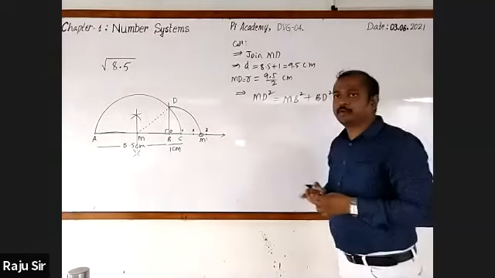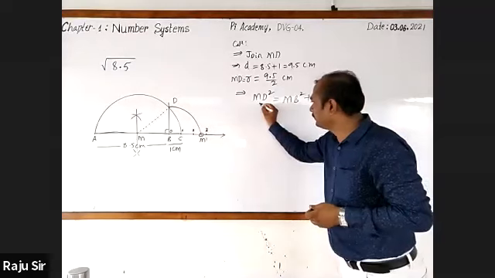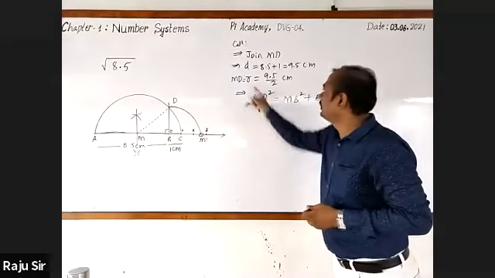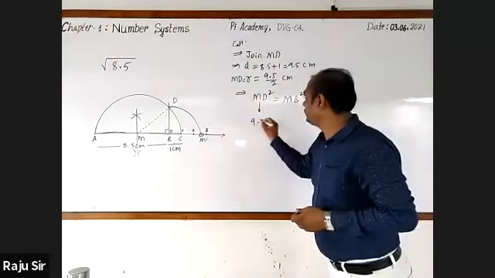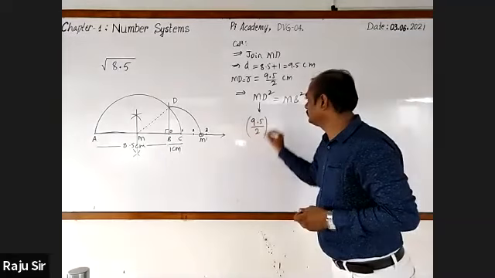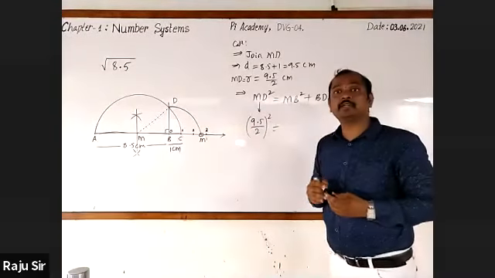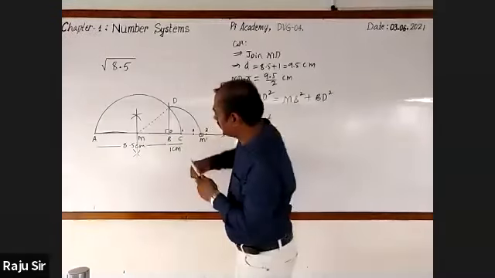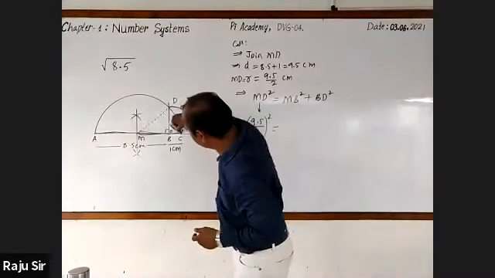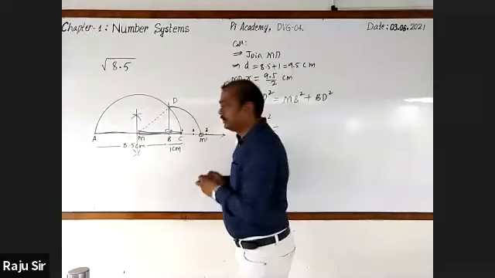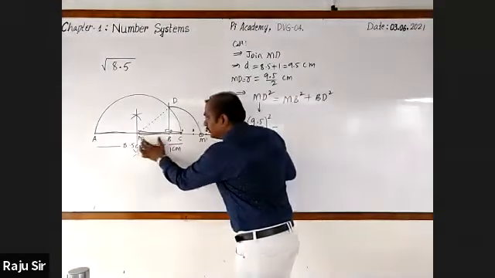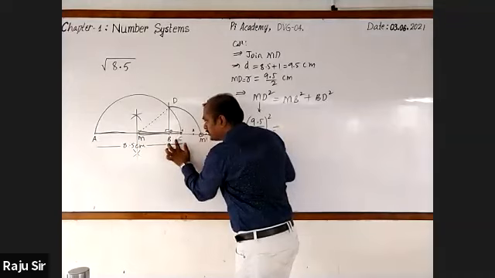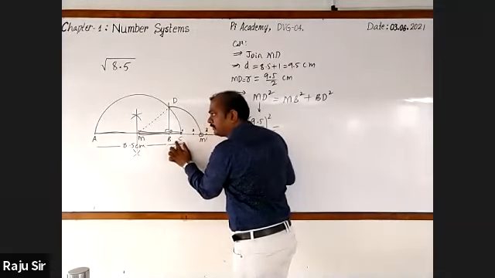Now, let me go for substitution. MD is 9.5 by 2, then whole square. Next, we want MB. Observe here. MB is in the radius. See that MC is also radius. To obtain MB from this radius, you should subtract 1 centimeter, that is BC.